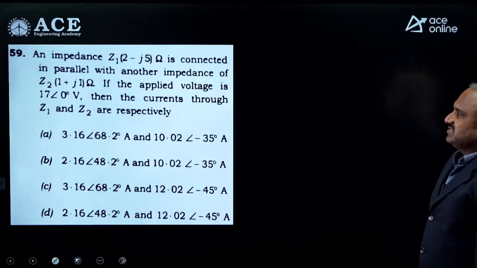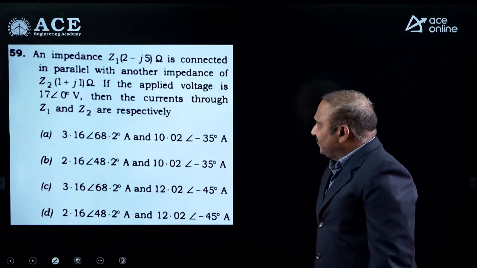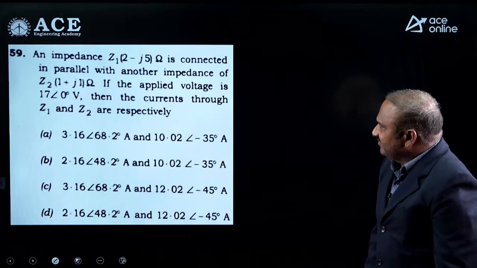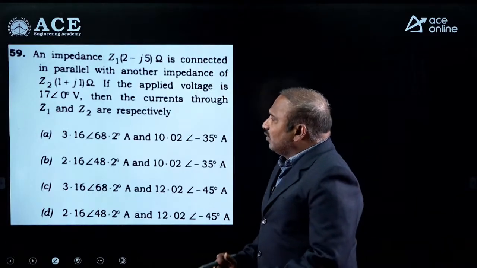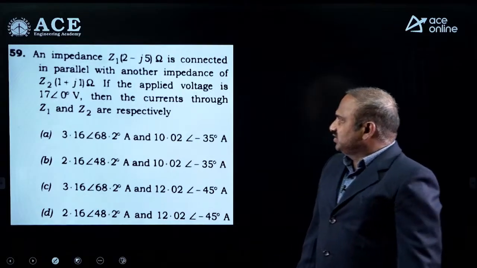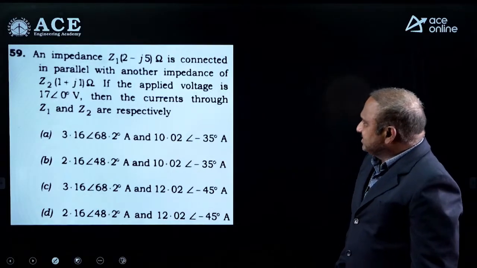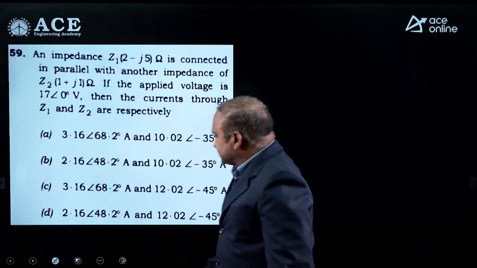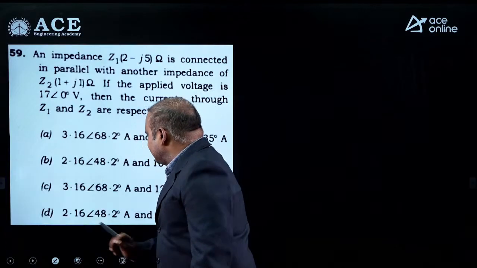An impedance Z1 equal to 2 minus J5 ohms is connected in parallel with another impedance of 1 plus J1 ohms. If the applied voltage is 17 at an angle 0 degrees, then what are the currents through Z1 and Z2 respectively? A parallel combination circuit is given here.